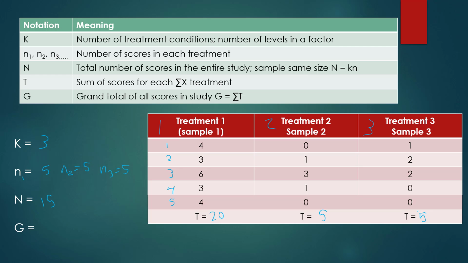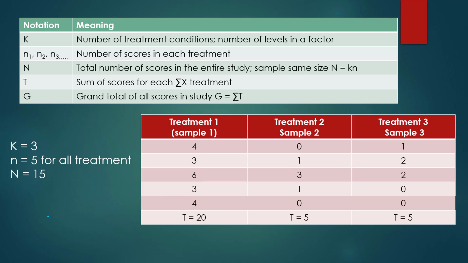So to get G, we add up the sum of T, right? So the sum of T is going to be T1 plus T2 plus T3, which is 20 plus 5 plus 5, which equals 30. So now we know that G is 30.